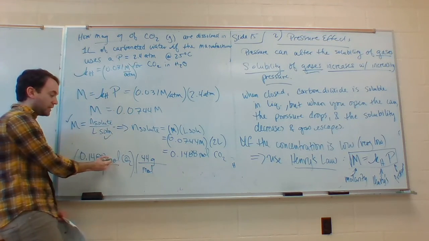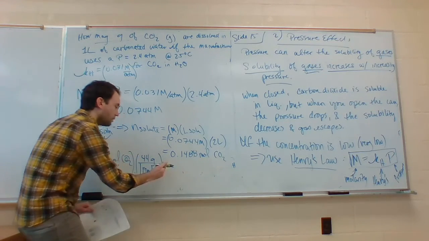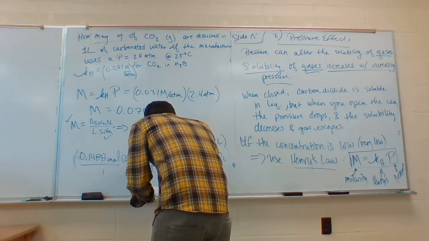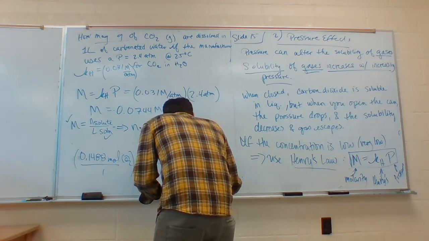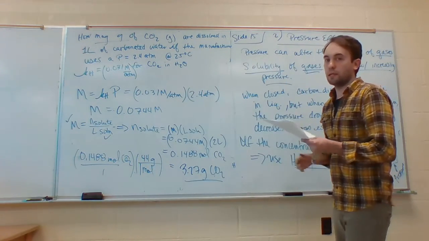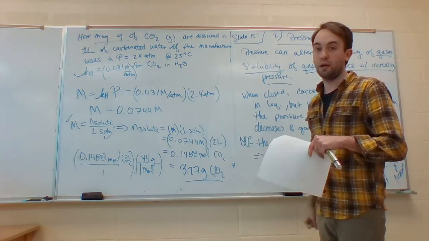Notice that this time I wanted to cancel the moles, so I put my 1 mole on the bottom and my grams on top. That way my moles would cancel. And then this gives me 3.27 grams of CO2. All right. Now, in our next video, we're going to continue with the factors affecting our solubility.